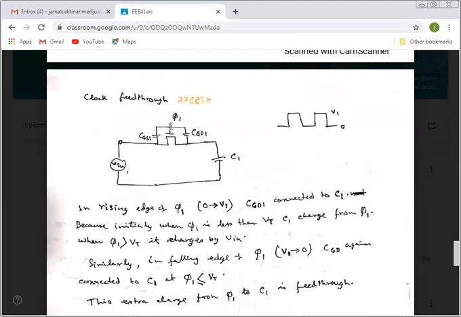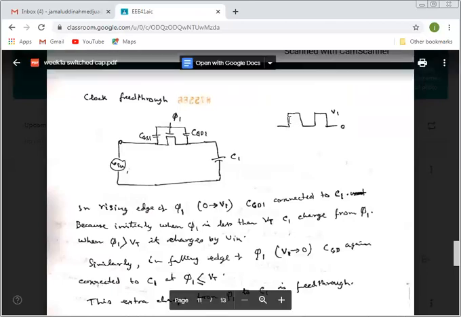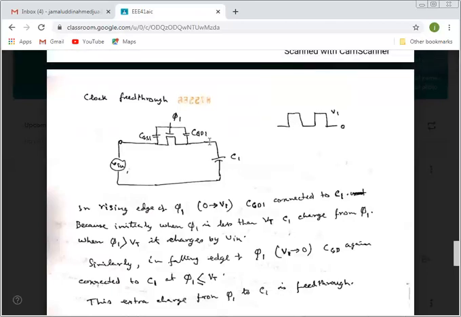But the voltage at the gate of this transistor, if we gradually increase it, as long as it's lower than VT, it will be off. Since it is a high frequency sample clock, it will go from 0 to V1. In the beginning it will be off, so no charge will move from V in into C1.